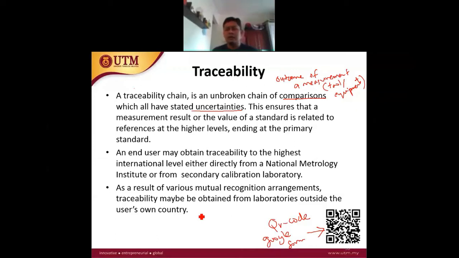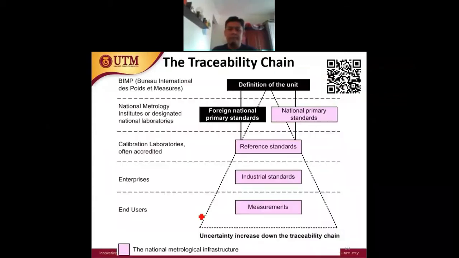But in other countries, for example my experience in New Zealand, certified workshops are given the authority to provide the warranty of fitness before you can renew your car registration. So this is basically the traceability chain.